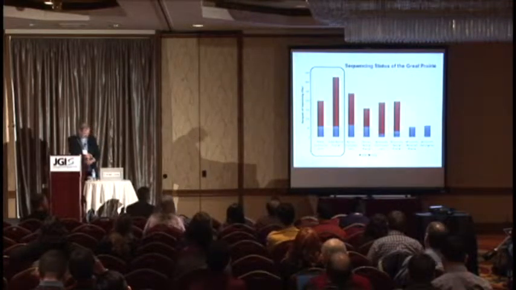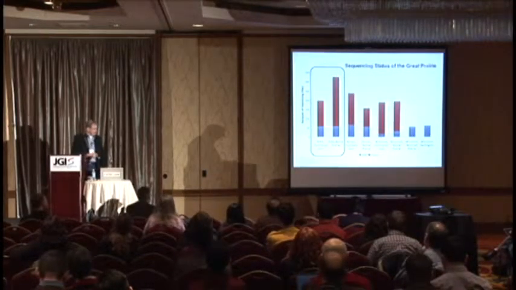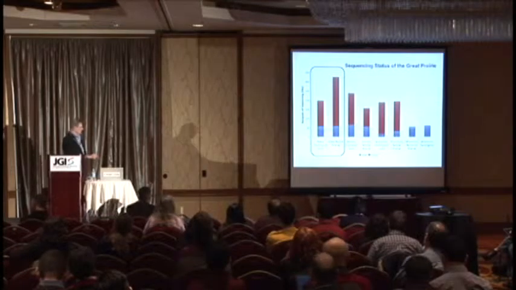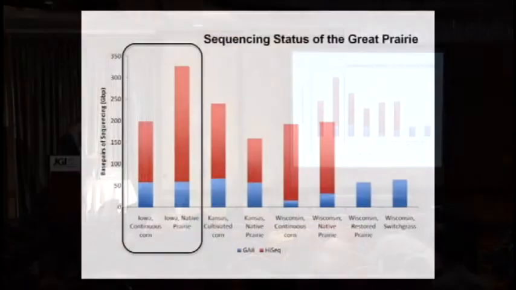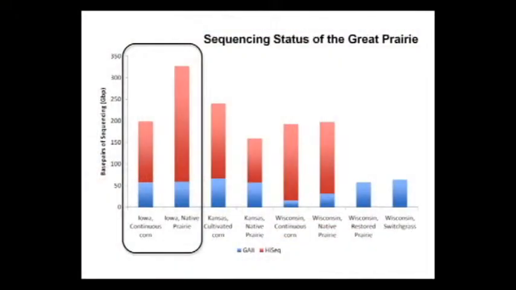So what's the sequencing status? The original plan was to sequence about 50 gigabases per site. And this would be the Iowa sites, the Kansas, the Wisconsin, and then here would be the 2 new restored grass sites.